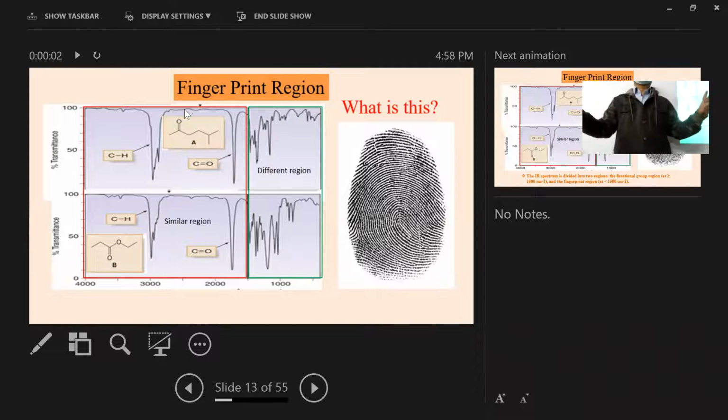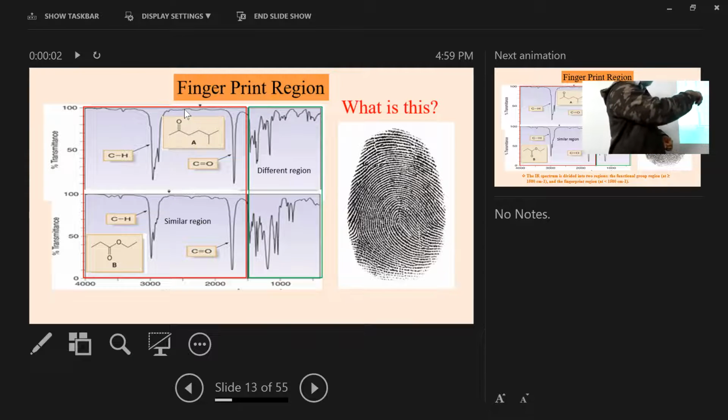No other molecule in the universe will give exactly the same structure. That is why we call this region the fingerprint region. That would be completely different for each molecule. And in the universe, we have millions of molecules. However, all the molecules have a different pattern in the absorption spectrum in this region.